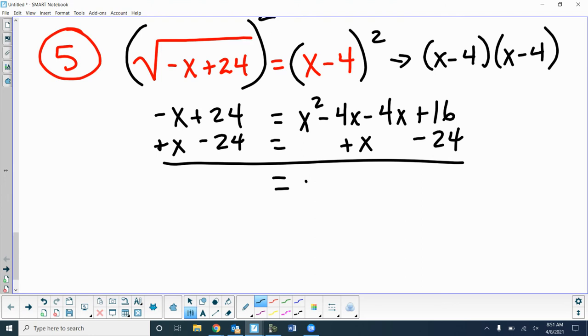So we got 0 because those cancel. We got x squared. 4 minus negative 4 is negative 8, plus 1 is a negative 7. And 16 minus 24 is a negative 8. What are the factors that work for that one?